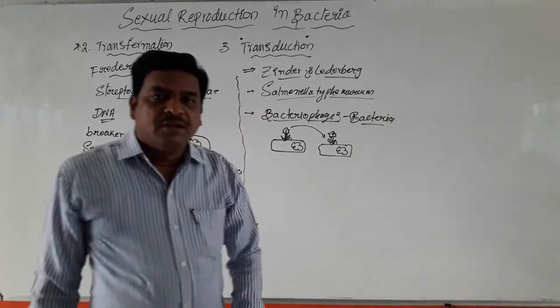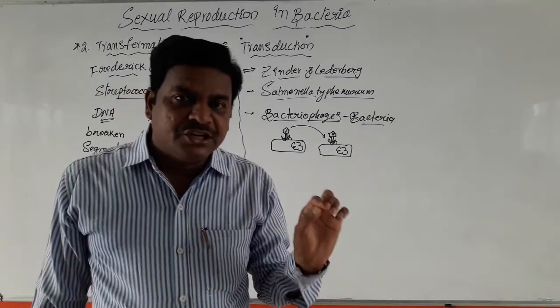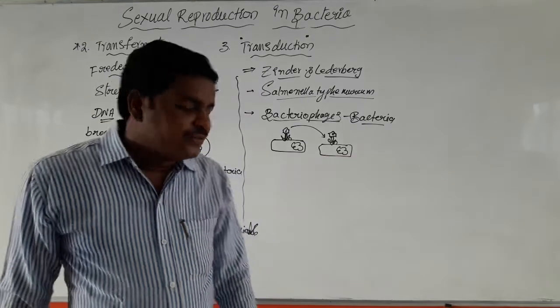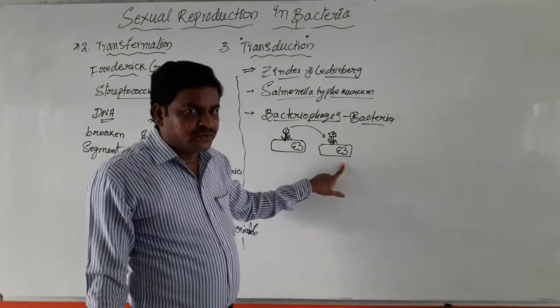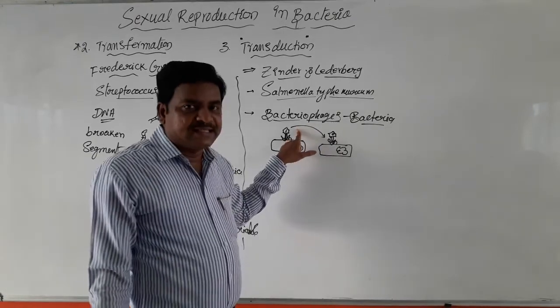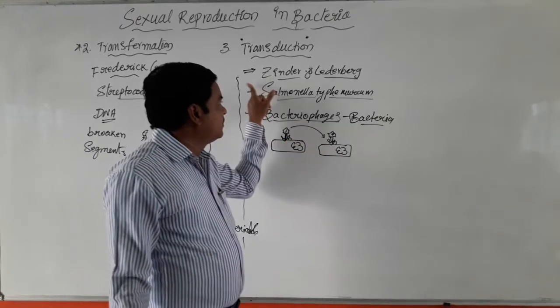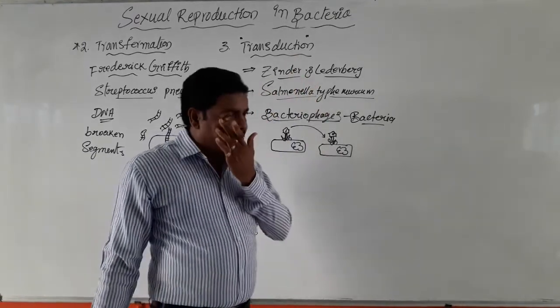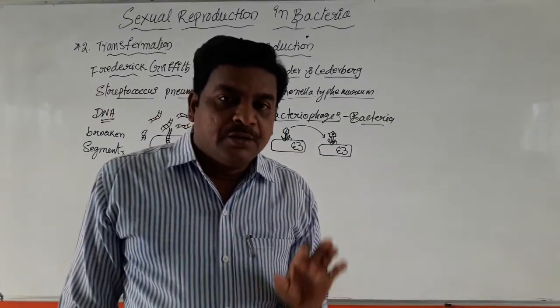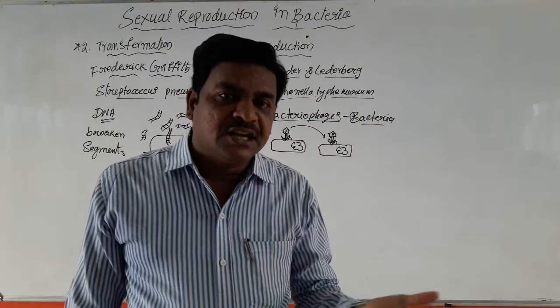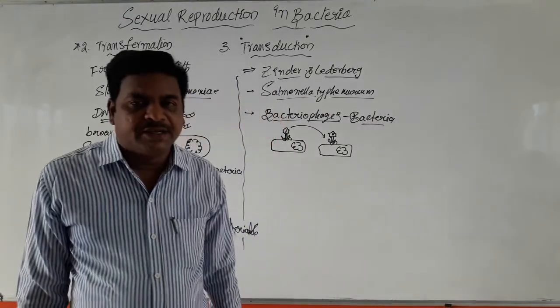So this is the transfer of genetic material, DNA, from one bacterium to the next bacterium through bacteriophages. That is called transduction. Very important. This is a phage mediated transfer of DNA between the bacterial cells.